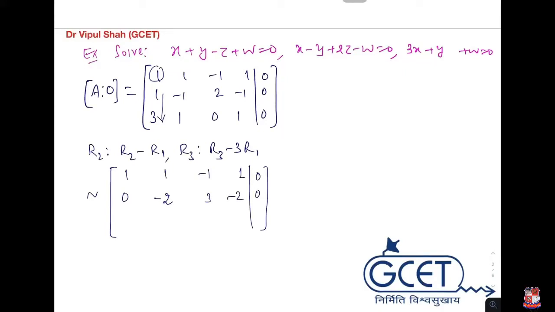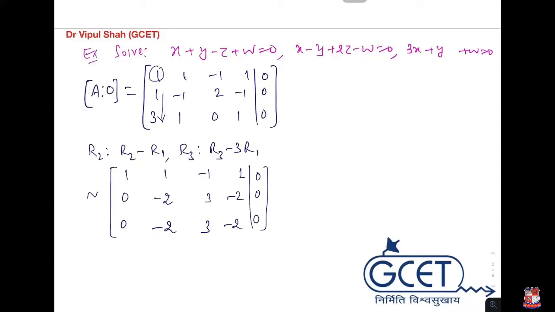Now this one is multiply with minus 3 and add here, so that is 0, then minus 2, then 3 plus 0, so that is 3, then minus 3 plus 1, minus 2, and 0.